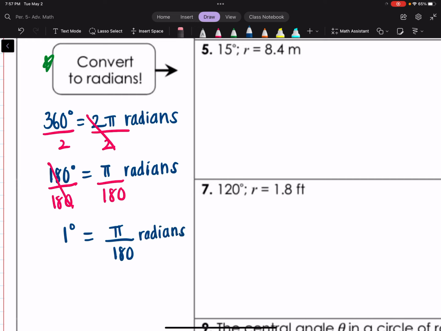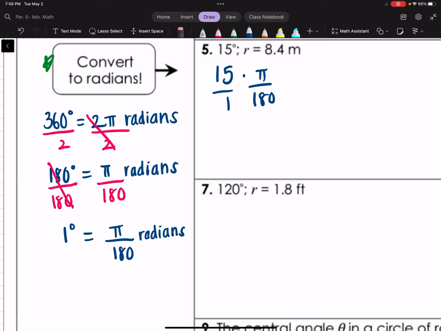So if 1 degree is pi over 180 radians, then for 15 degrees, I would take that 15 degrees and multiply it by pi over 180. I'm going to erase that degree symbol because it looks a little funny, to figure out how many radians are in 15 degrees. So to solve this, again, just put this over 1.